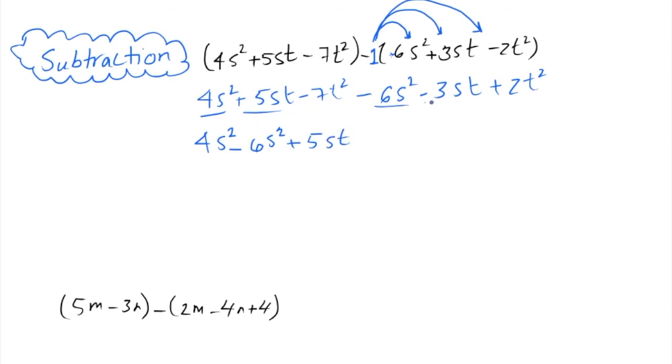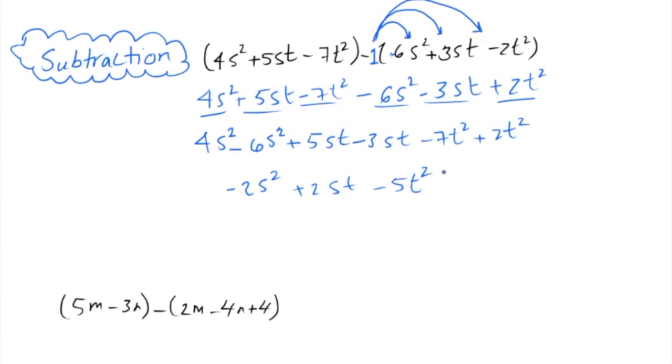Now, another term that contains st, so minus 3st, then minus 7t squared, and we have the plus 2t squared. That's like it. 4s squared minus 6s squared is negative 2s squared, plus 5st minus 3st, so plus 5 minus 3, that will be plus 2st, minus 7 plus 2, so minus 5t squared.